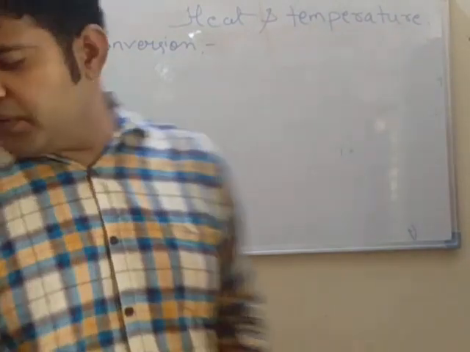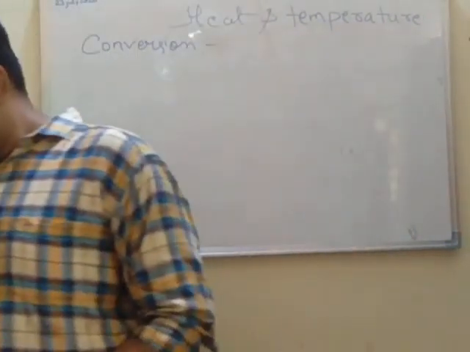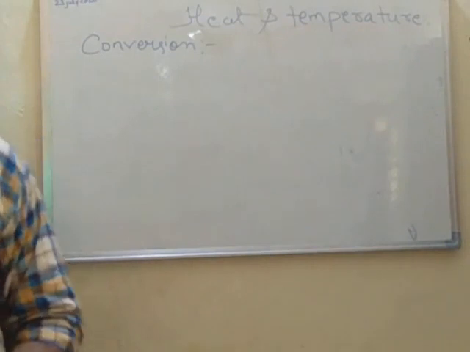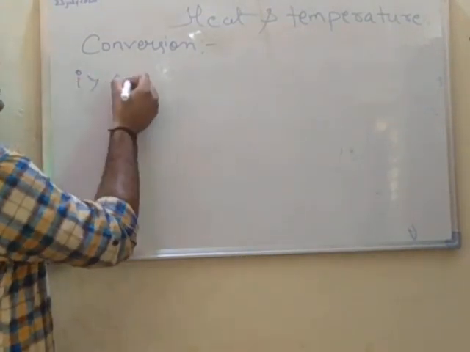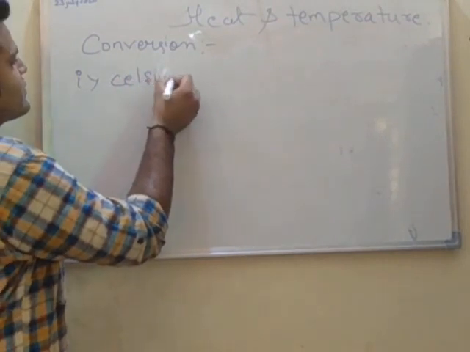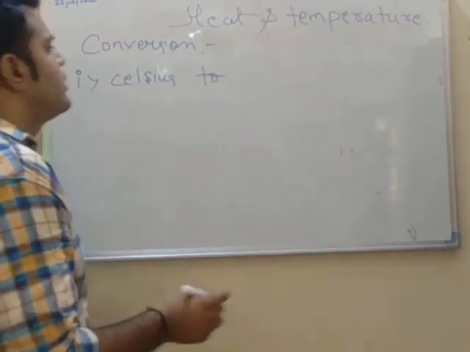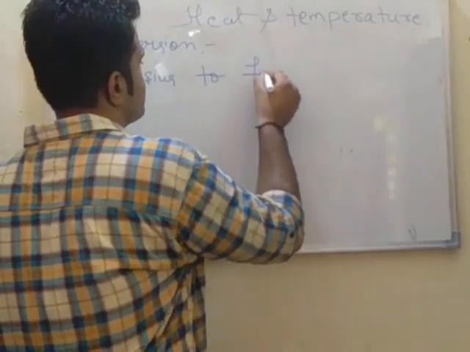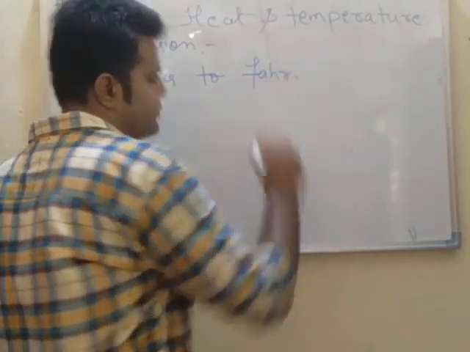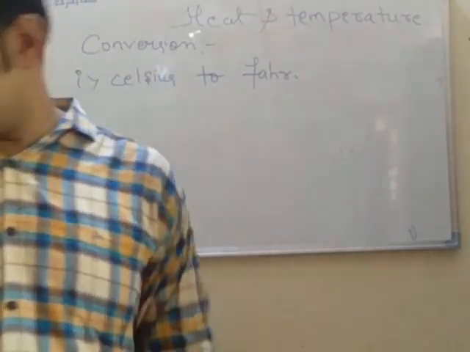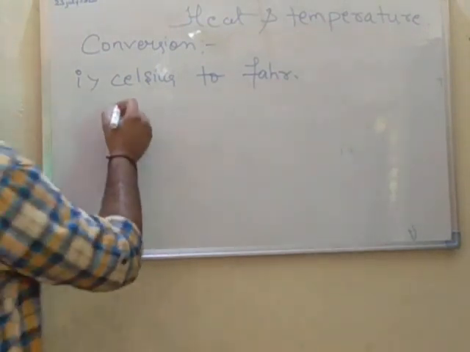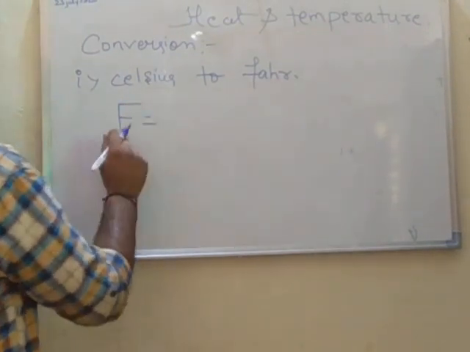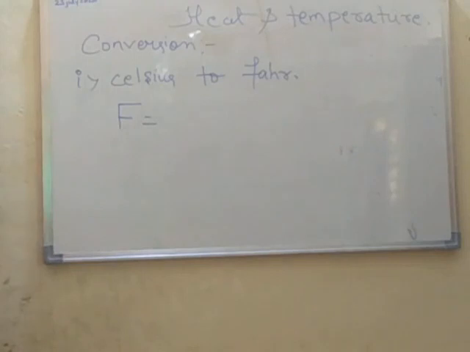First we will convert Celsius to Fahrenheit. What is the formula to convert Celsius to Fahrenheit? The formula is F equals C into 9 by 5 plus 32.